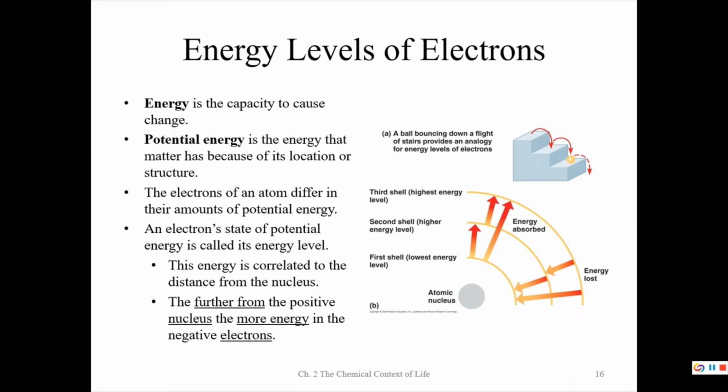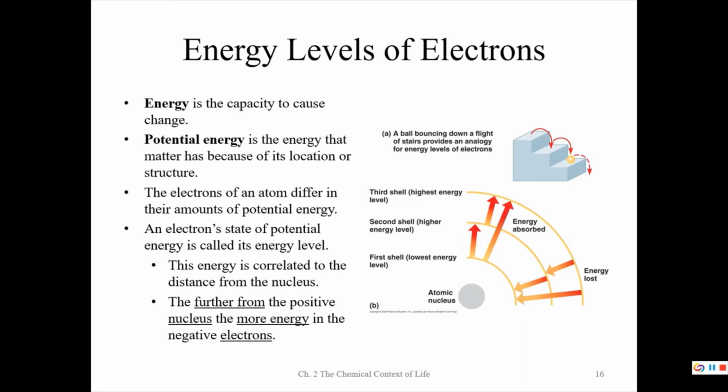Now, because electrons are negatively charged, they're being pulled in to the positive nucleus, being held inward. The further you get away from the nucleus, the more energy you have. So the outermost electrons, the outermost shells, are the highest energy levels.